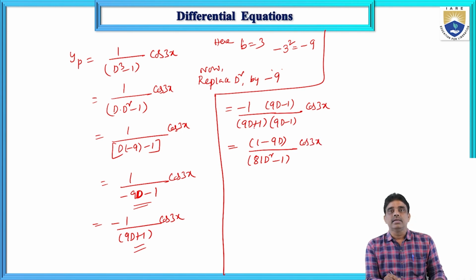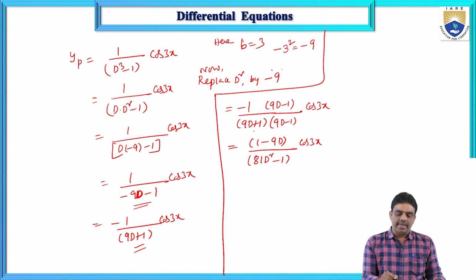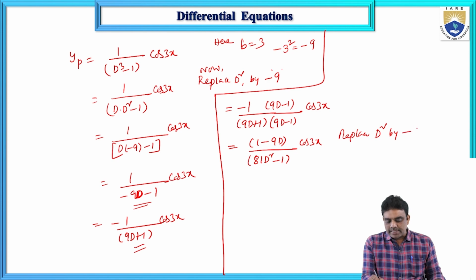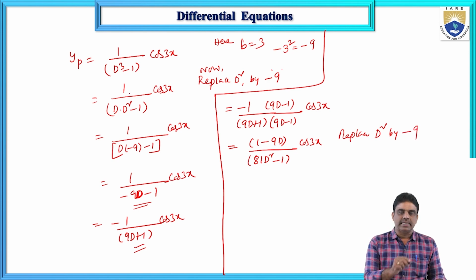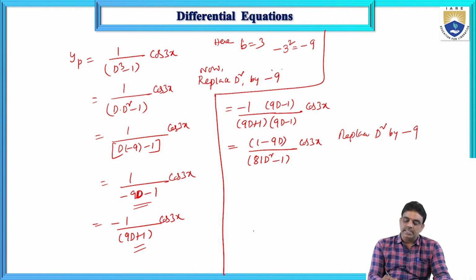It is looking like a plus b into a minus b, a square minus b square. 9 9s are 81, D square minus 1. So now it is a function of D square. Now we have to replace D square by minus 9 again.